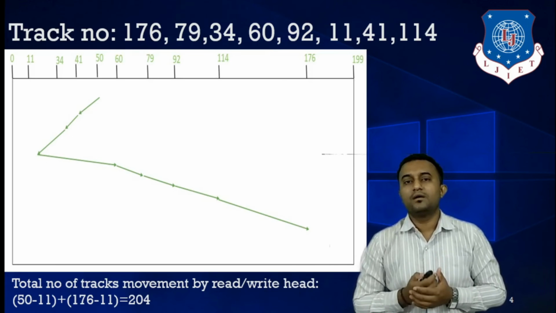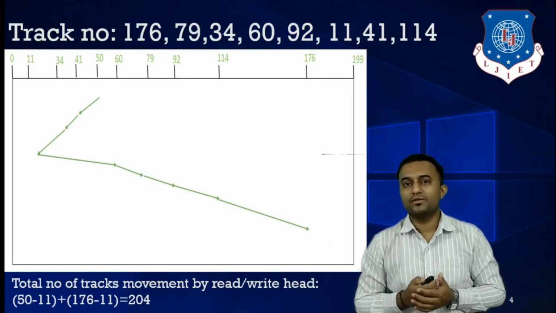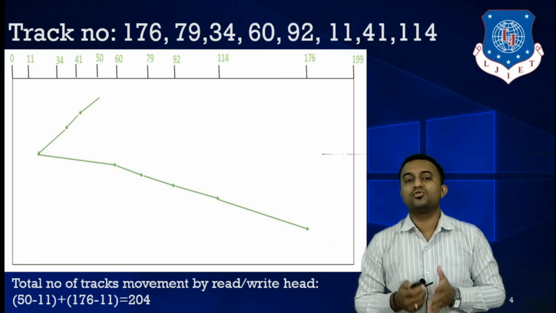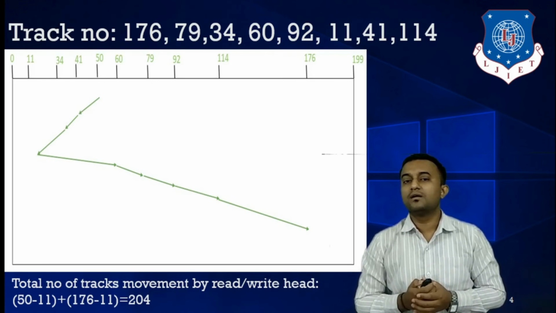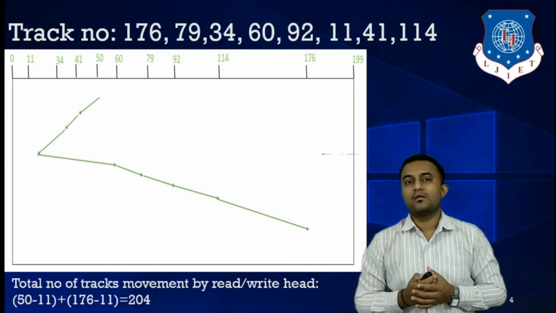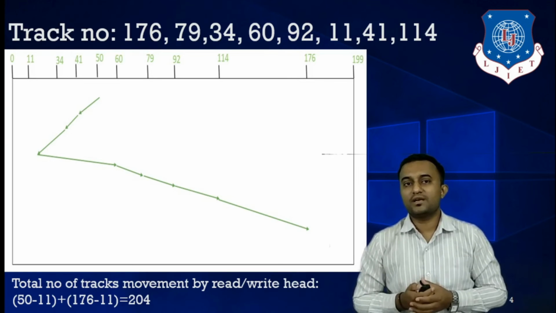The final value is 204. So 204 track movements are there by using SSTF.